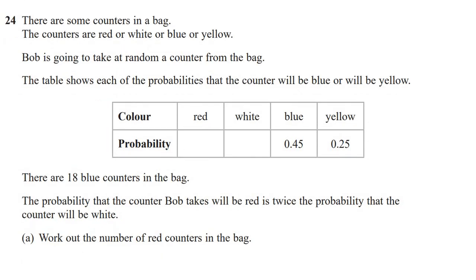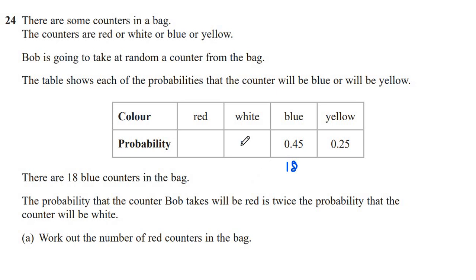All right, another question on probability. Now, there are 18 blue counters, so let's put a little 18 here. And it says that the probability that Bob takes red is twice the probability that the counter will be white.